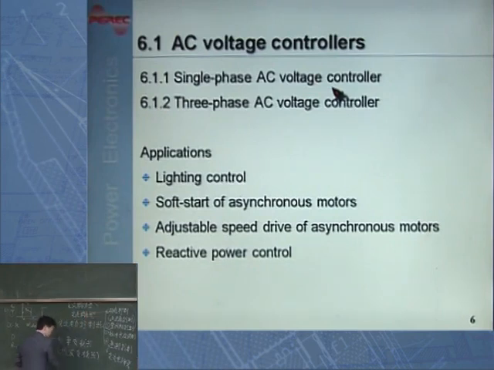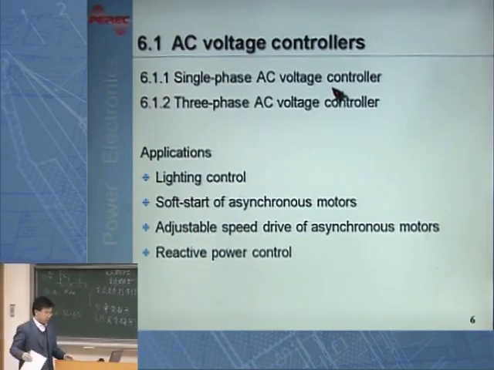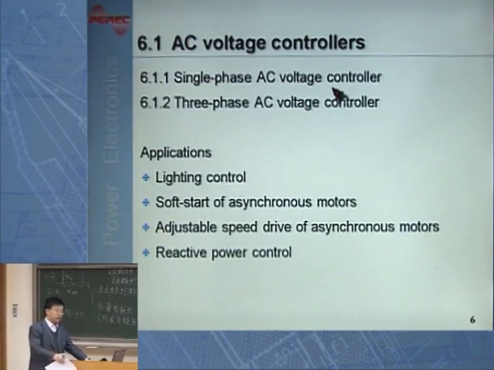We'll talk about single phase AC voltage controller and three phase one.